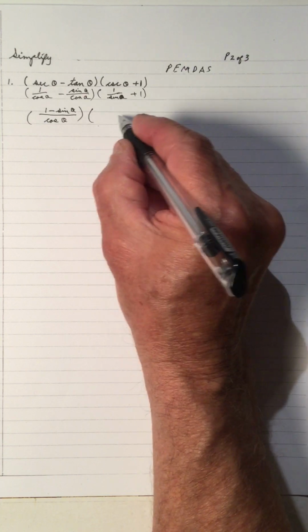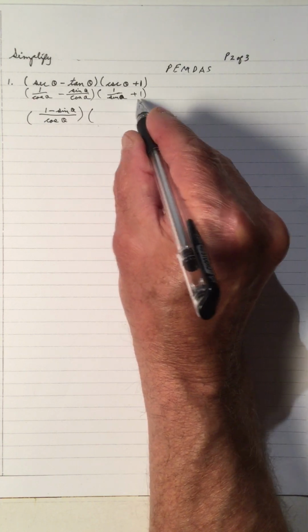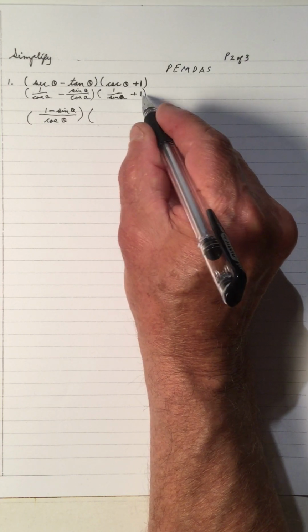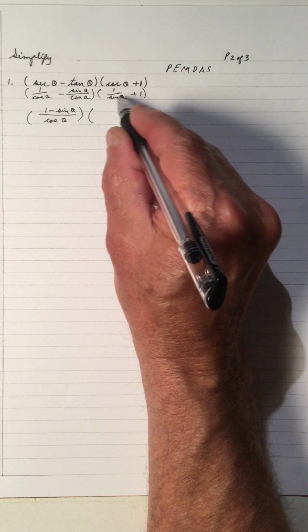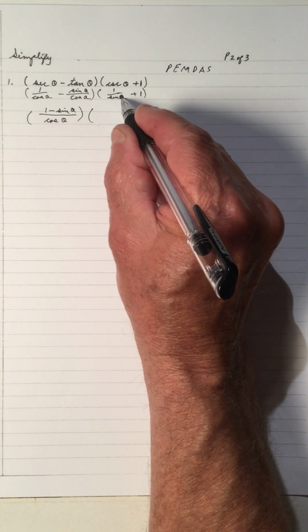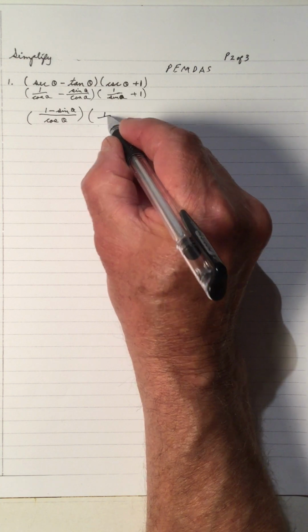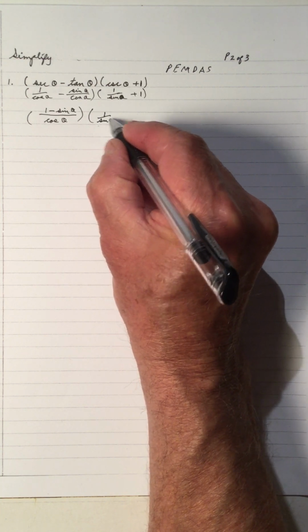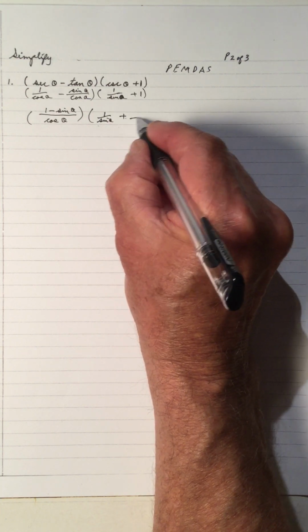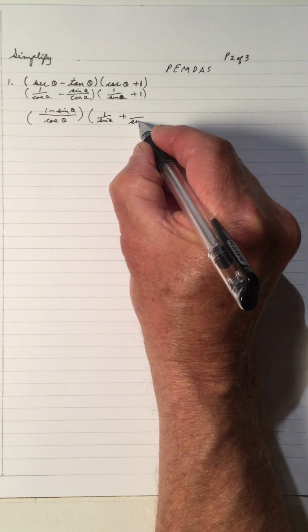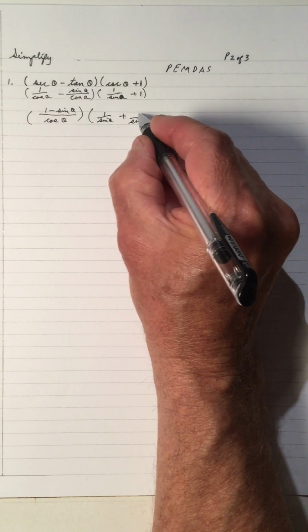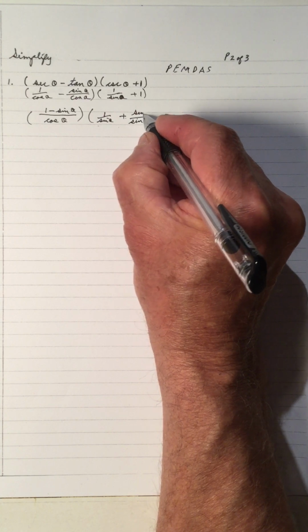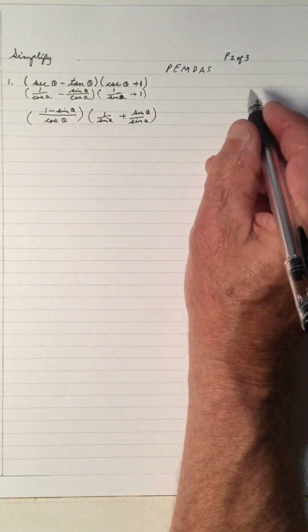And here I'm adding on 1. So the common denominator for these two is sine. So we have 1 over sine. Another name for 1, with the denominator sine, is sine theta over sine theta.